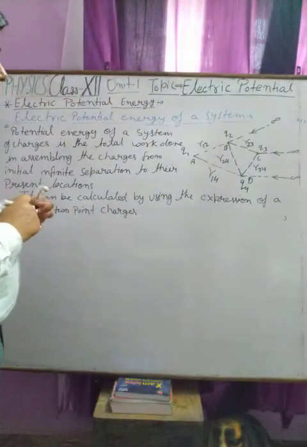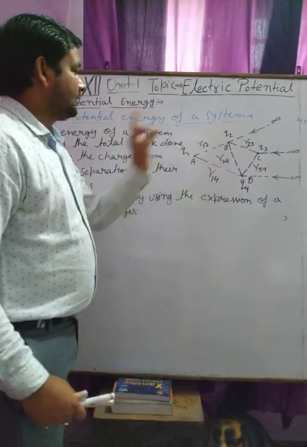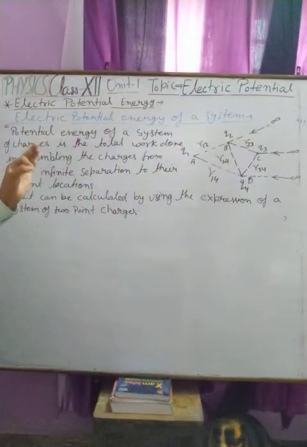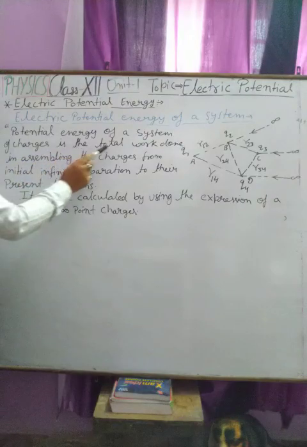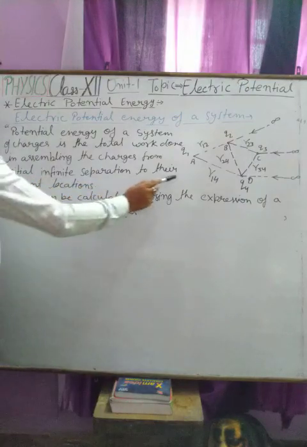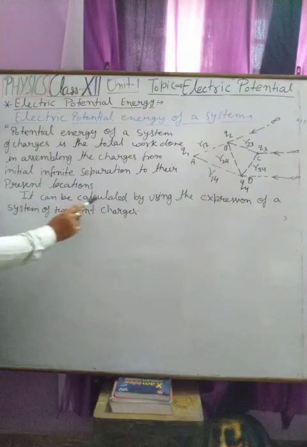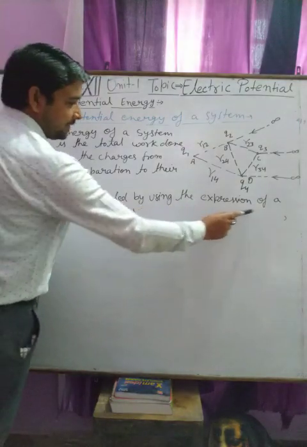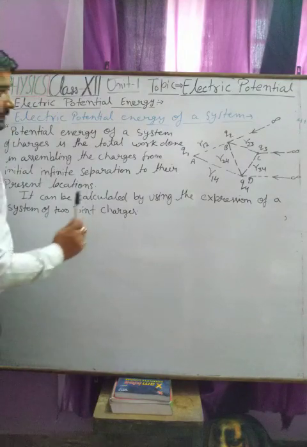Okay. For calculating the formula for the potential energy of a system, by using its definition, the potential energy of a system of charges is the total work done in assembling the charges from initial infinite separation to their present location. Now it can be calculated by using the expression for a system of 2-point charges.